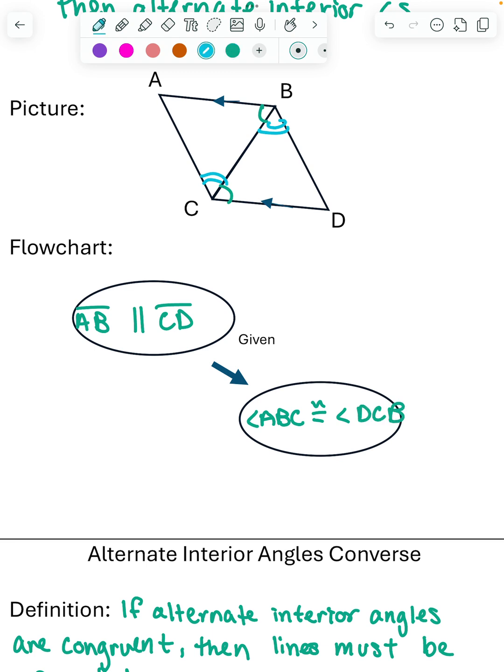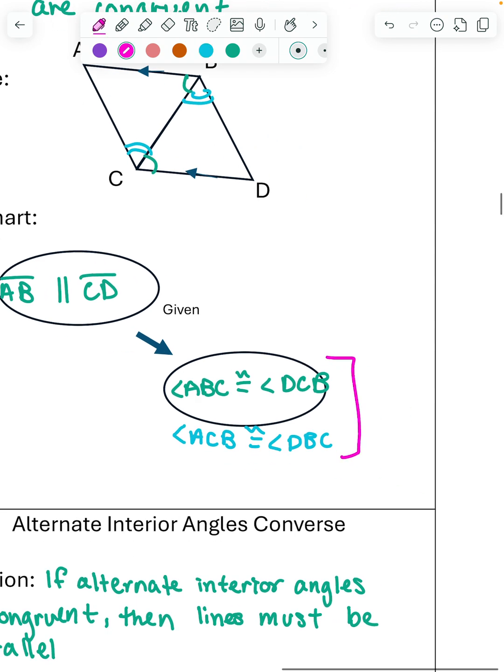Or we could do our other set of alternate interior angles if we wanted to. For instance, angle ACB is congruent to angle DBC. And the reasoning for either of these statements, you can say alternate interior angles are congruent.